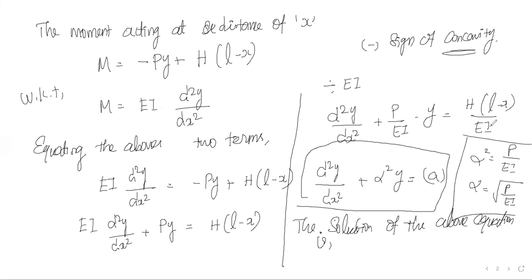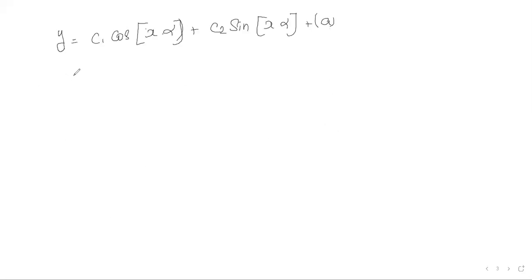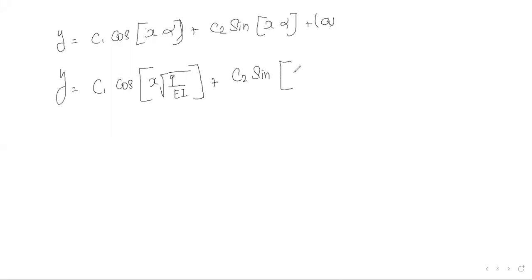And here the equation is available without P, so we are going to divide by P. It becomes H into L minus X divided by P. So Y is equal to C1 into cos x root under P by EI plus C2 into sin x root under P by EI plus H by P into L minus X. This is the term we have right now.